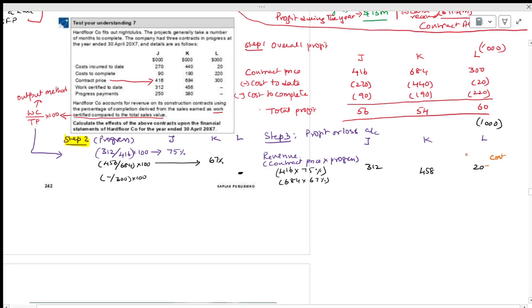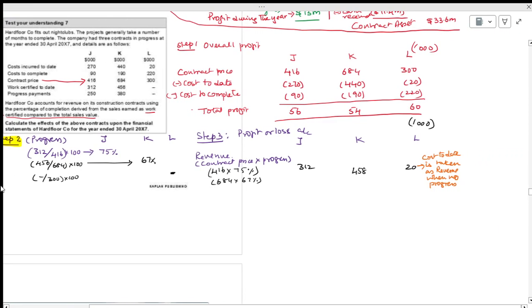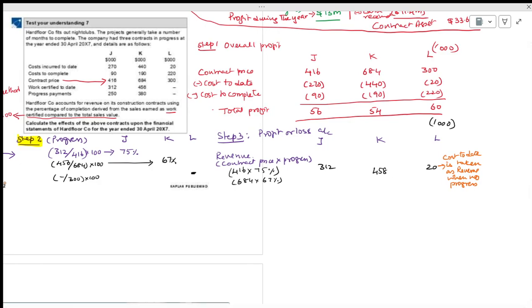Cost to date is taken as revenue when no progress. Are you clear about this? Yes. Okay, fine.